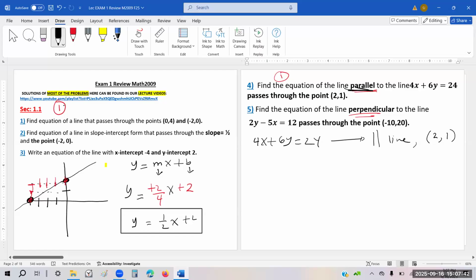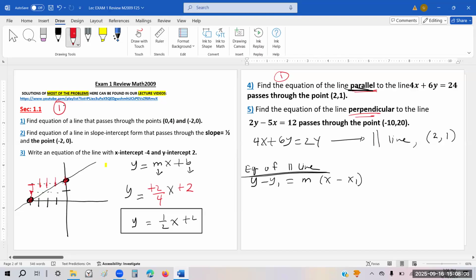So we know the equation of any line is y minus y1 equals slope times x minus x1, right? This is the equation of any line, either parallel or perpendicular, anything.